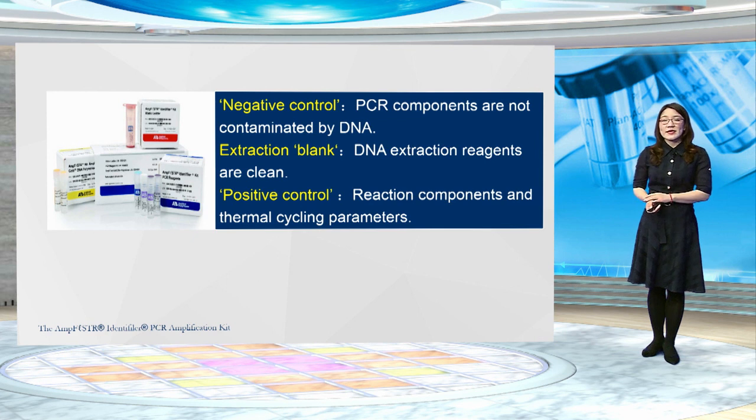An extraction blank is also useful to verify that the reagents used for DNA extraction are clean of any other DNA template. A positive control is a standard DNA template of known sequence with good quality. This is a valuable indicator of whether or not any of the PCR components have failed or were not added during the reaction setup phase. It also ensures the reaction components and the thermal cycling parameters are working for the application.